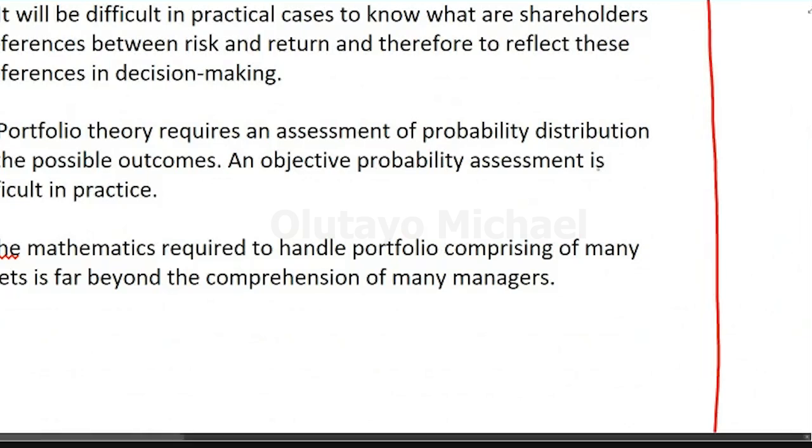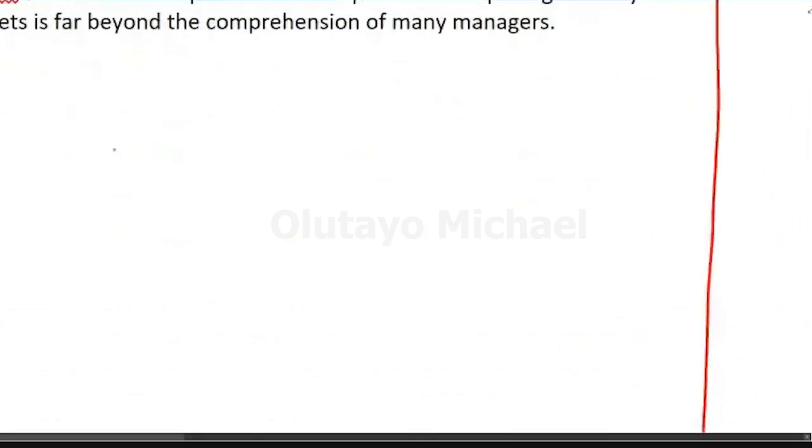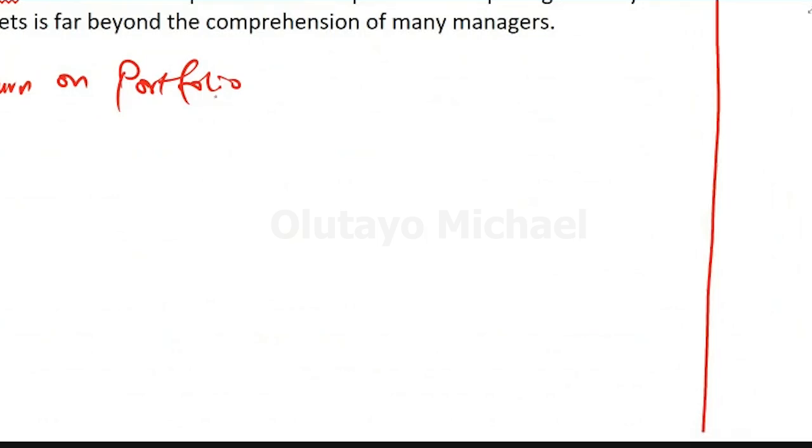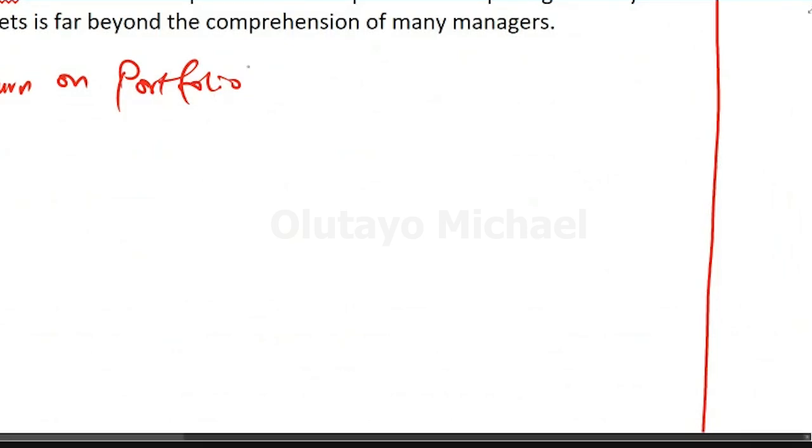All right, so from here we want to examine the return on a portfolio. If you have not watched the previous video on the introduction to portfolio, you may need to go back and check that, because there we discussed the return on individual assets, and we established the fact that portfolio theory borrows its techniques from statistics, whereby return is represented by the mean, while risk is represented by standard deviation.